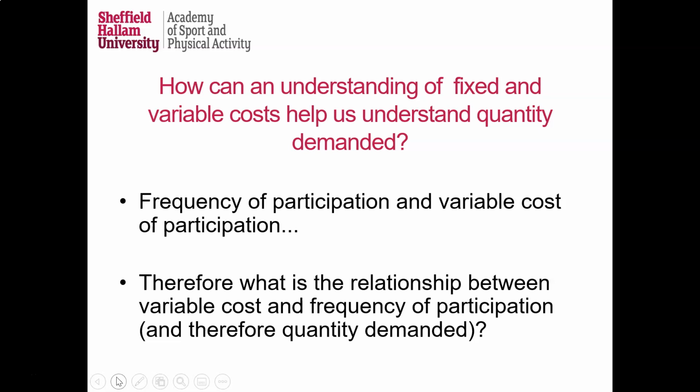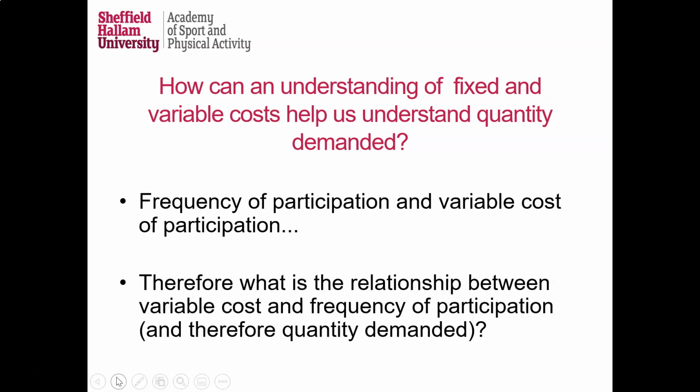A sport with a relatively low variable cost, such as swimming or such as running, then finance really is unlikely to be a major constraint, and therefore the frequency of participation is likely to be higher.